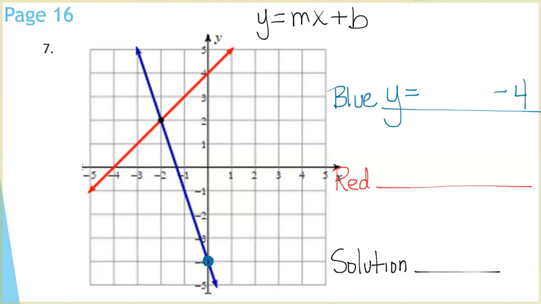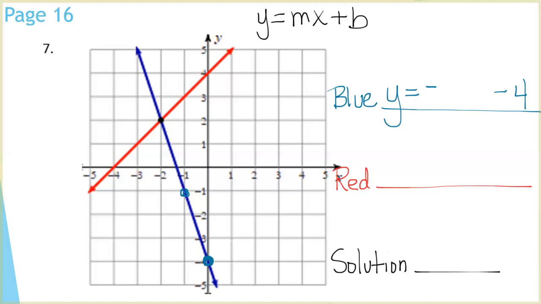Well, the first thing I realize is that if I trace this line from left to right, it's going down, so that means it's a negative slope. So because it's a negative slope, it's y equals a negative number. And to find that number, you're going to trace the line to figure out where it crosses through the grid. So it crosses right here.